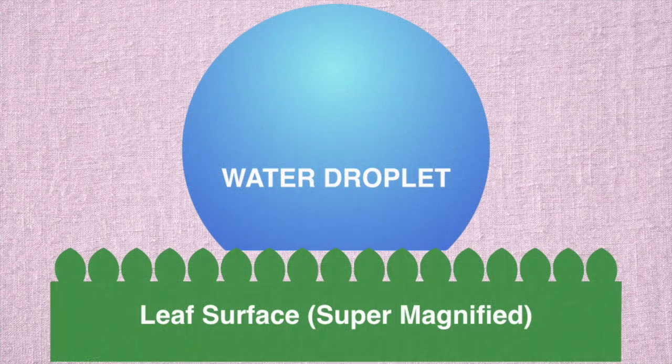If you take a look at this drawing, I'm not the brightest drawer, so please don't judge me. But you can see that if you magnify the leaf surface, there are bumps. And the water droplet is on the tip of the bump, and this is basically what the lotus leaf is doing.